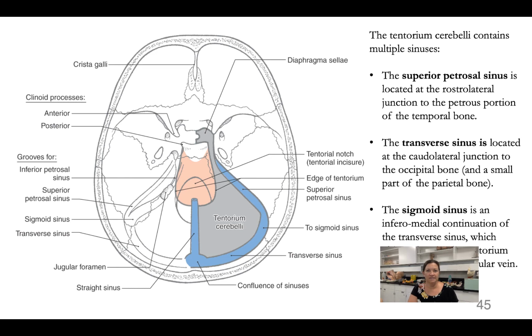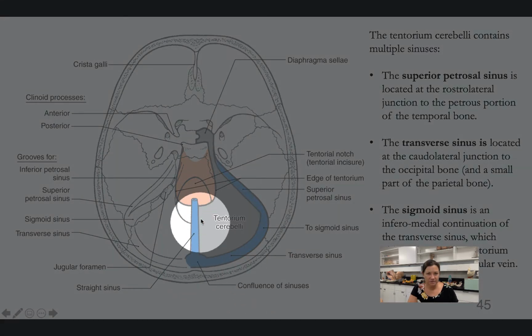Now, deep to that, moving into the base of the skull, we've talked about the straight sinus at the junction of these two dural folds. The tentorium cerebelli similarly contains multiple sinuses. There's the transverse sinus, which is posterior, and puts a groove at the junction of the tentorium cerebelli with the occipital bone of the skull.